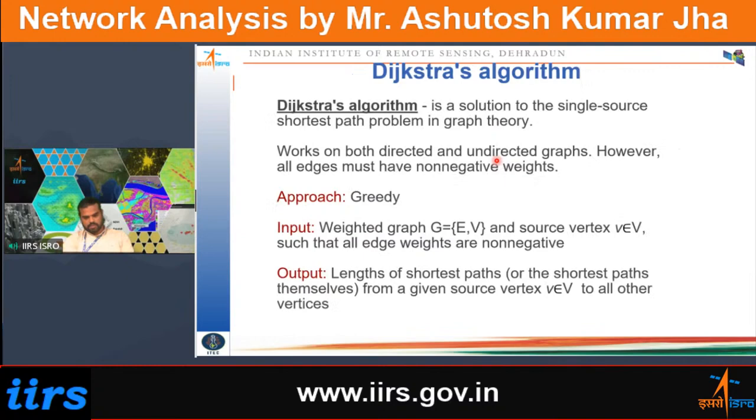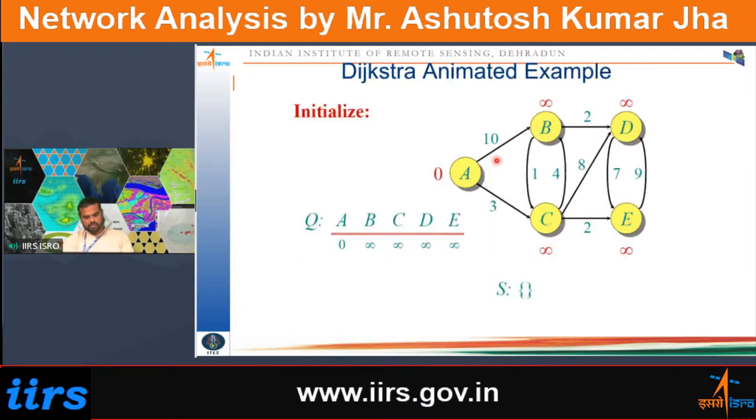It is also called a greedy algorithm, where a single-source shortest path based on graph theory is solved. Generally, in such algorithms, like in the case of Dijkstra's algorithm, you provide an input G and a node V, and based on the connectivity and path, we can find the cases. It is similar to Prim's algorithm.